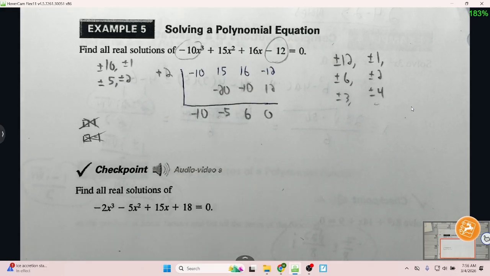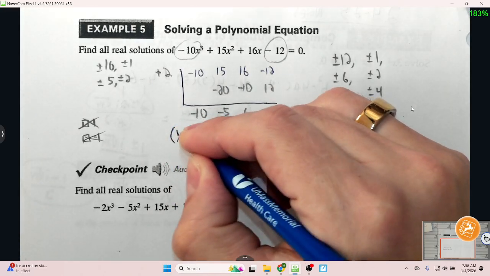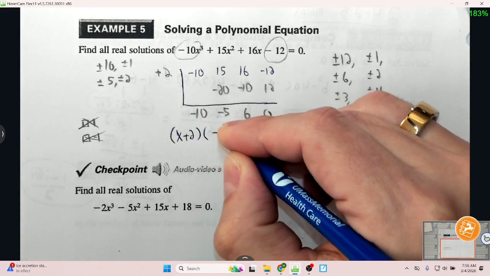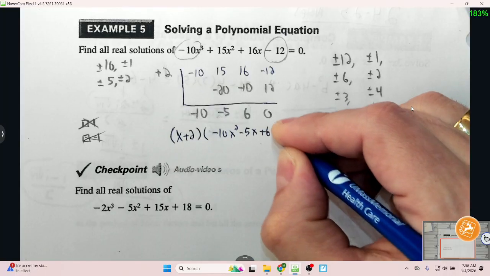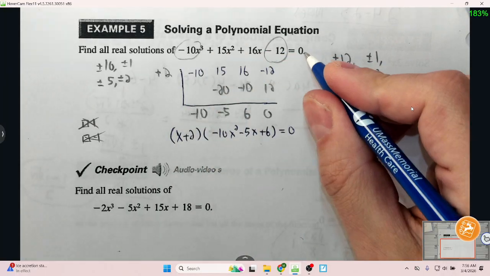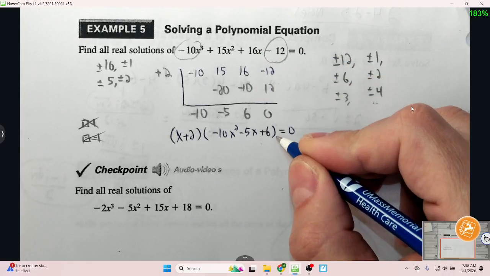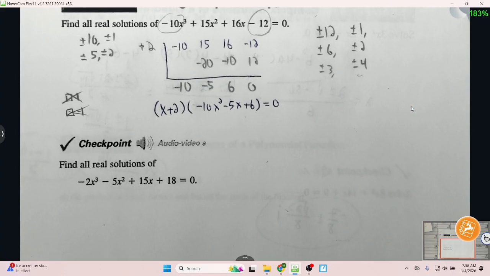So what that means to me is that since 2 worked, x plus 2 times negative 10x squared minus 5x plus 6 is a rewrite of this. So this can be rewritten as this. Okay, that's good.